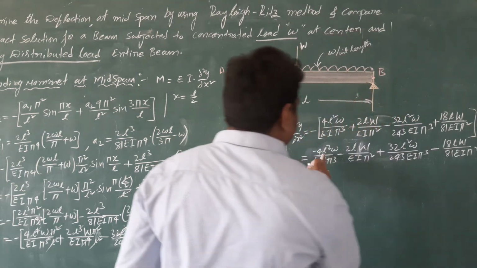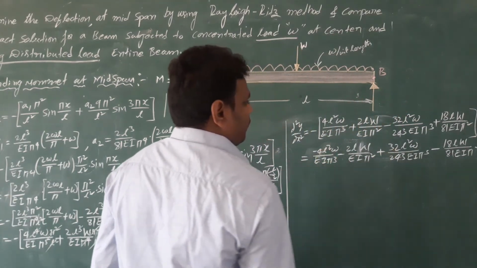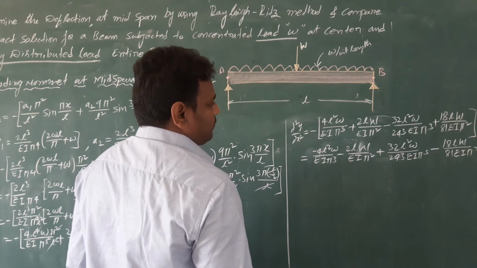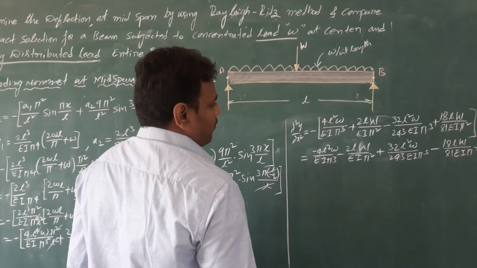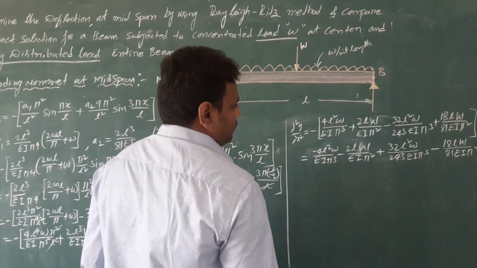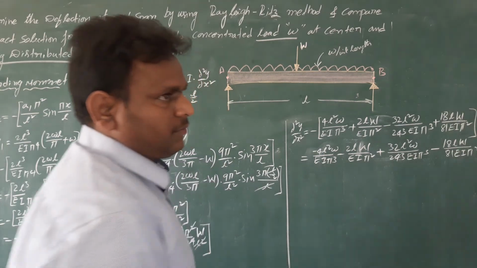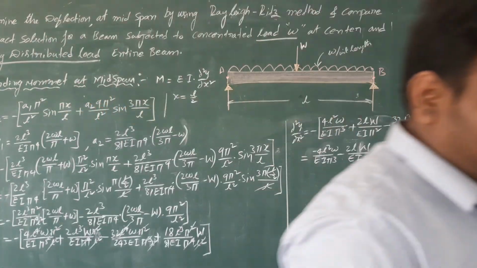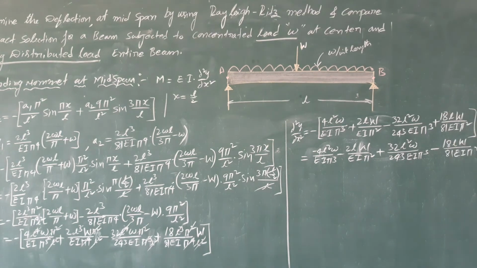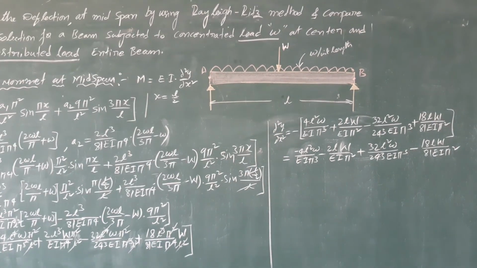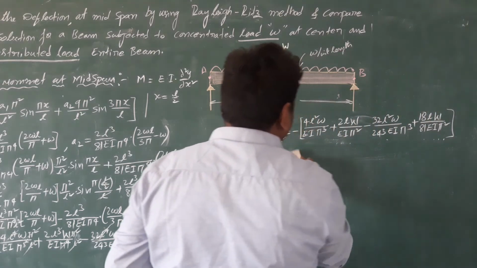So now here 32 is there, here only 4. So remaining is the term, no need to multiply this equation. Directly substitute.